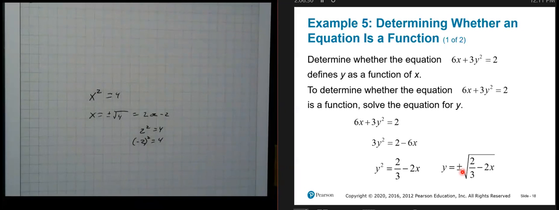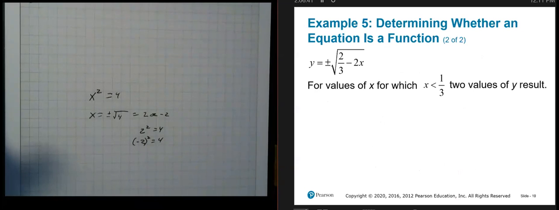So that's why we throw in the plus or minus symbol there, because we get 2 answers. Since one's positive and the other one's negative, that means it is not a function.